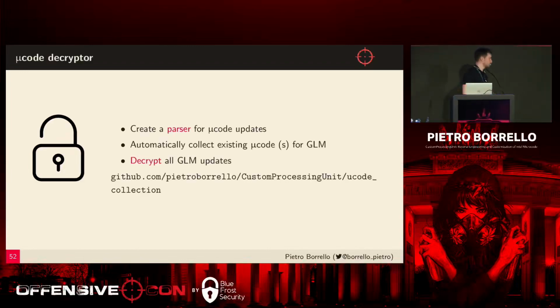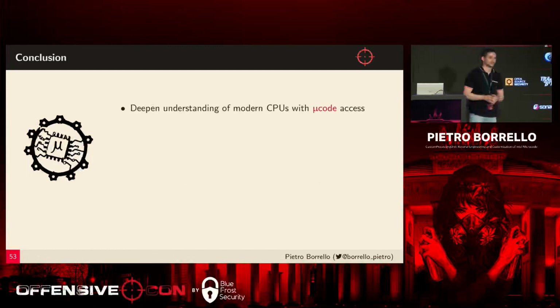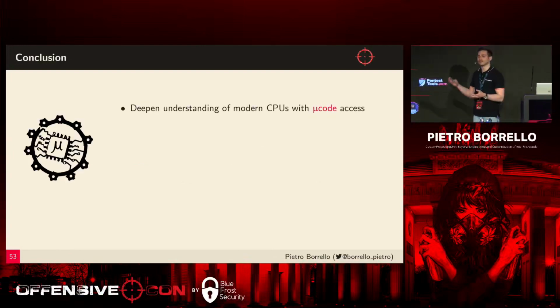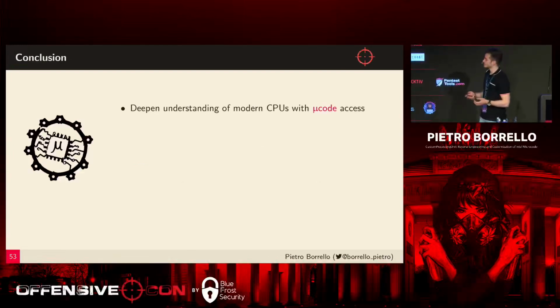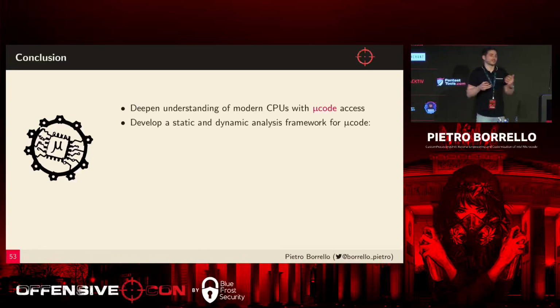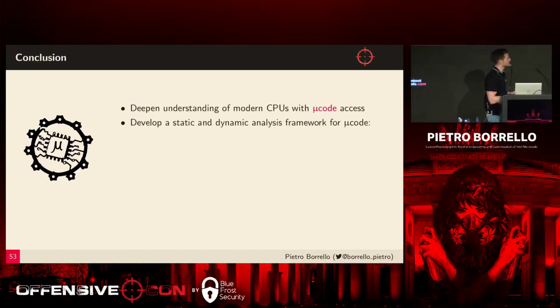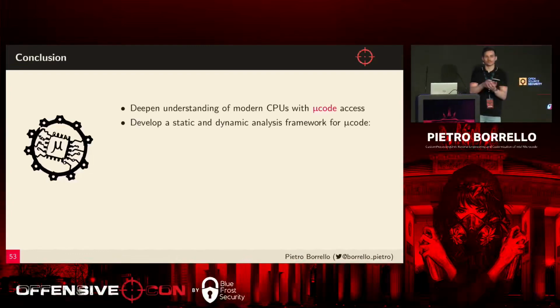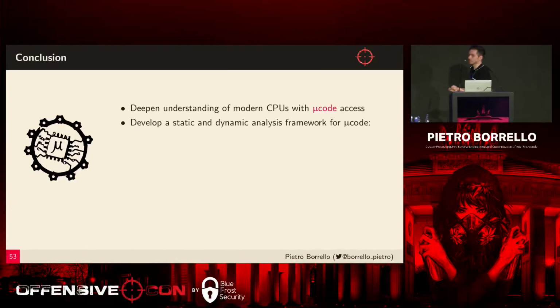So to conclude, with Custom Processing Unit, I hope at least, we massively deepen the understanding of the internals of modern CPUs. We developed a static and dynamic analysis framework that allows you to, for example, customize, observe, and even trace microcode execution at runtime.